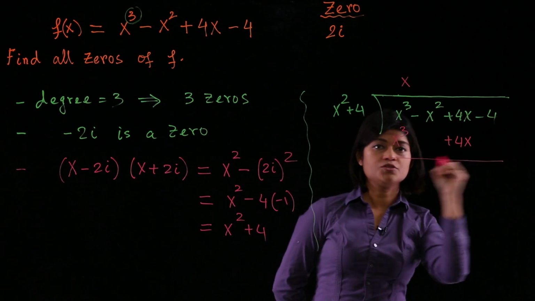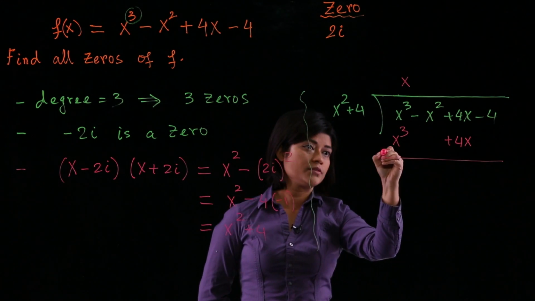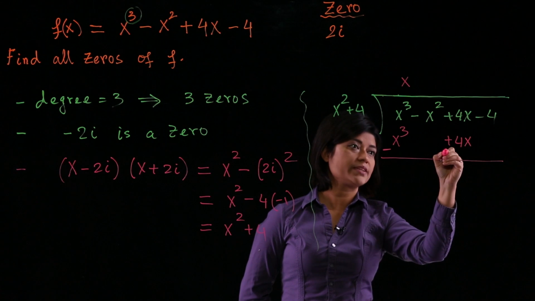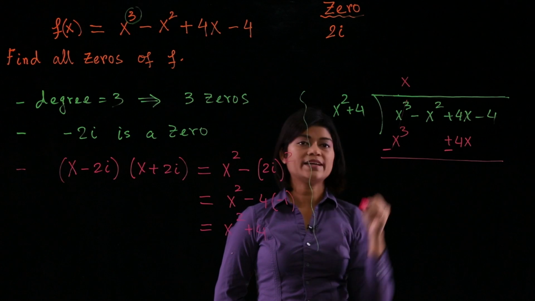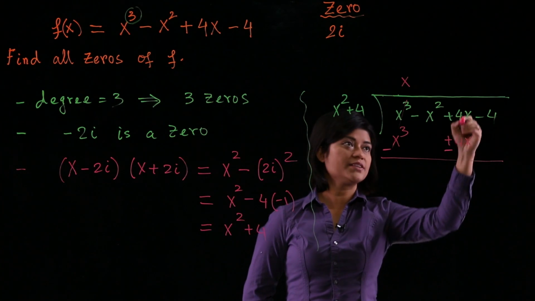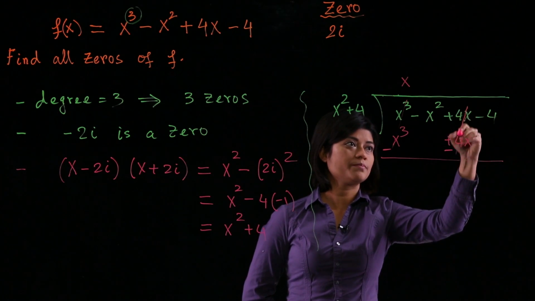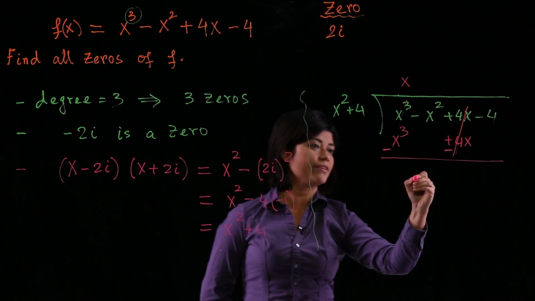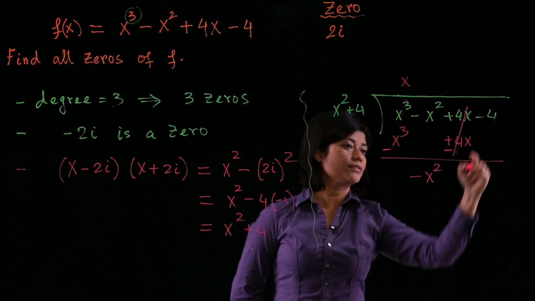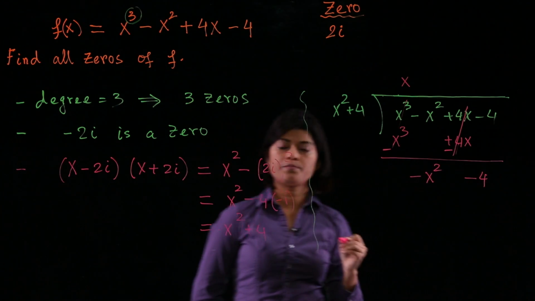And then you subtract the bottom row. So change the sign. This becomes negative. This becomes negative. So let's see, x cubed minus x cubed, this will cancel. Also, 4x minus 4x will also cancel. Okay, so what will remain? Well, you bring down negative x squared and the last term, negative 4.